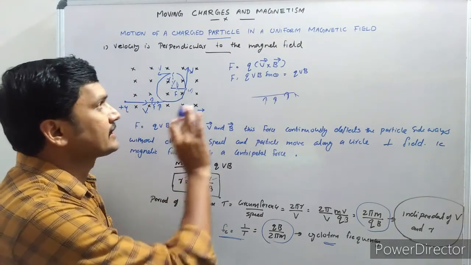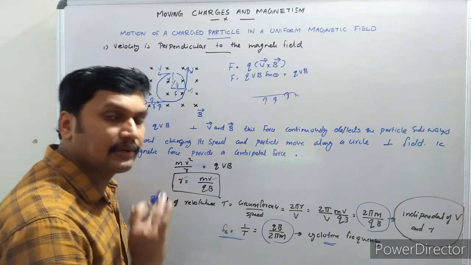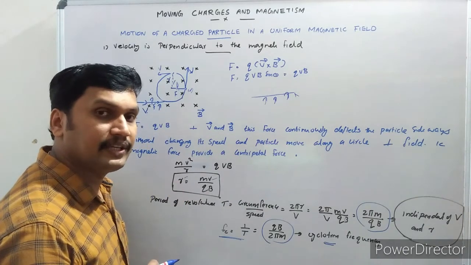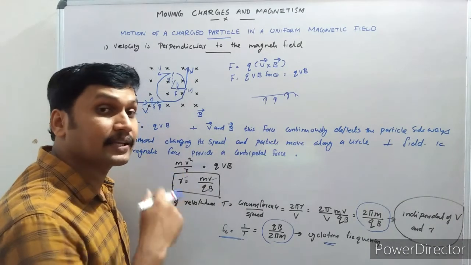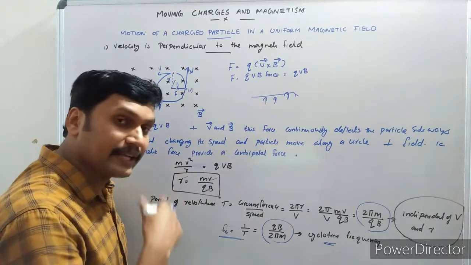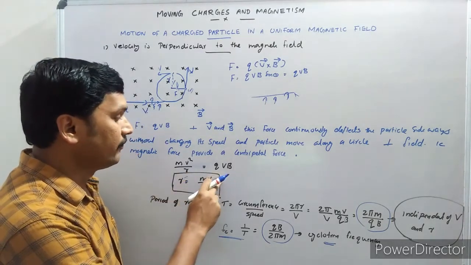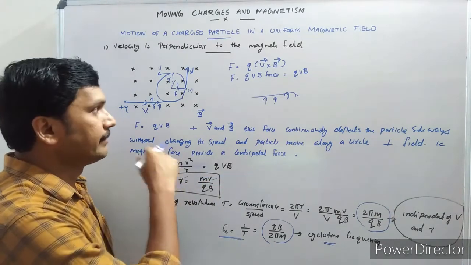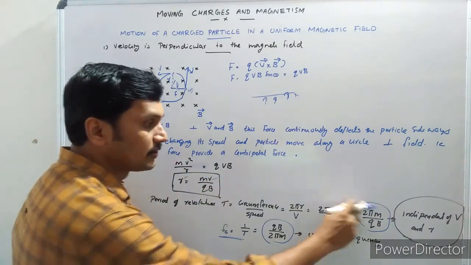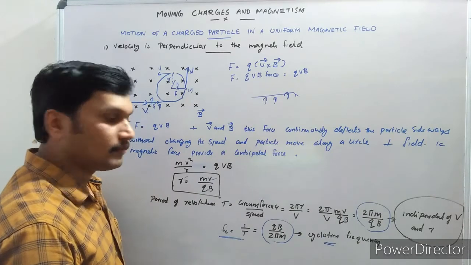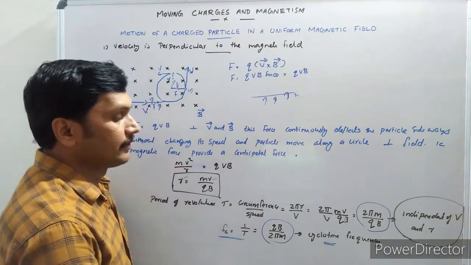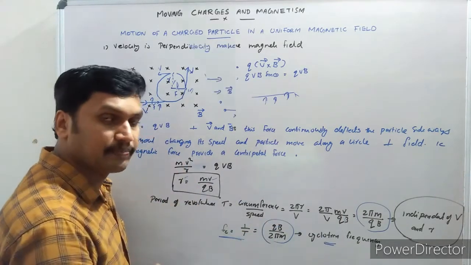So when a charge is moving perpendicular to a uniform magnetic field, it describes a circular path of radius r equal to mv by qB. The time period of revolution is 2 pi m by qB, and the frequency of revolution is qB by 2 pi m.